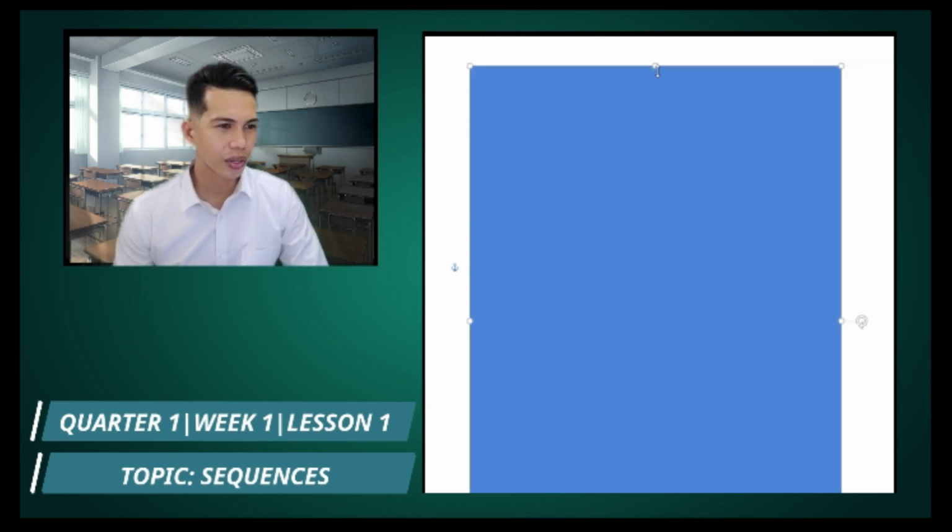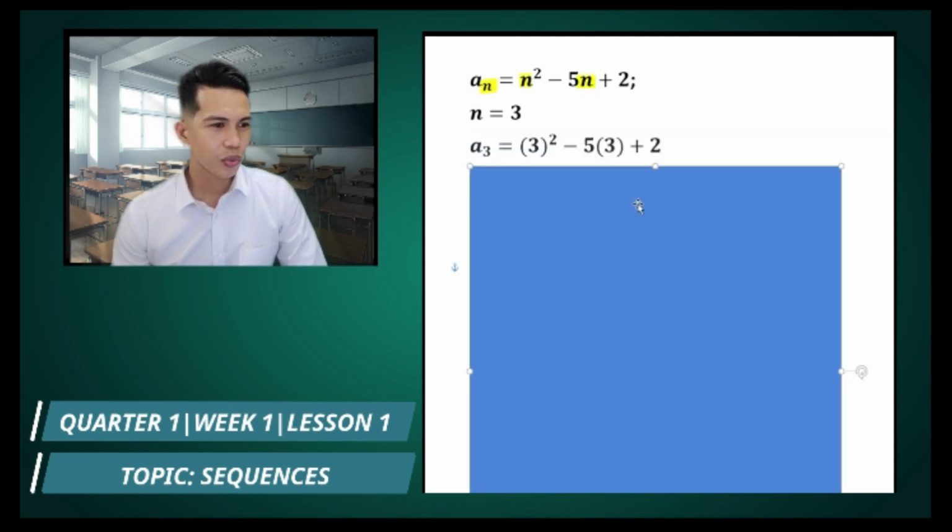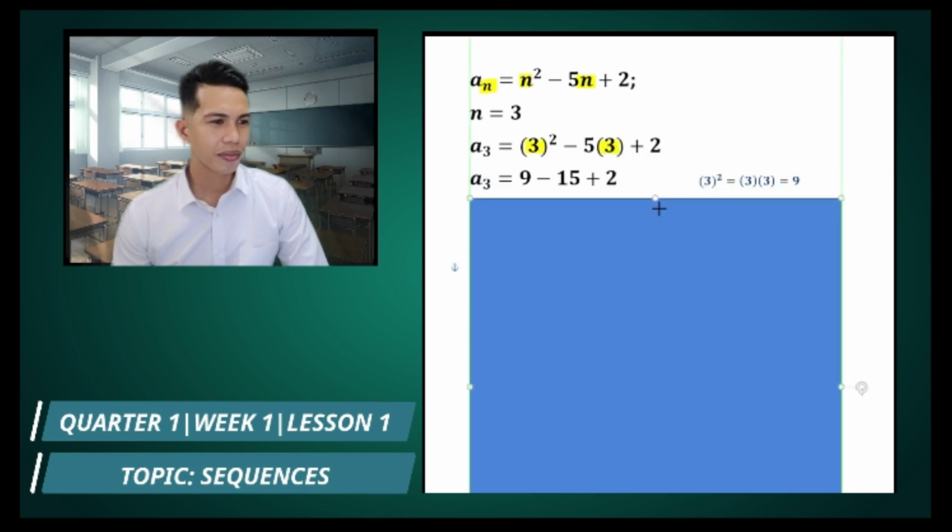Next, for our third term, we will assign n equal to 3. Substitute all the values of n by 3. Therefore, we have 3 squared minus 5 times 3 plus 2. Simplify. 3 squared is equal to 9, since 3 squared equals 3 times 3 equals 9. Then minus 5 times 3, which is 15.